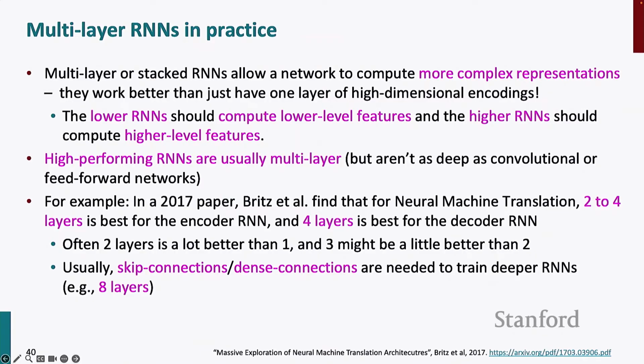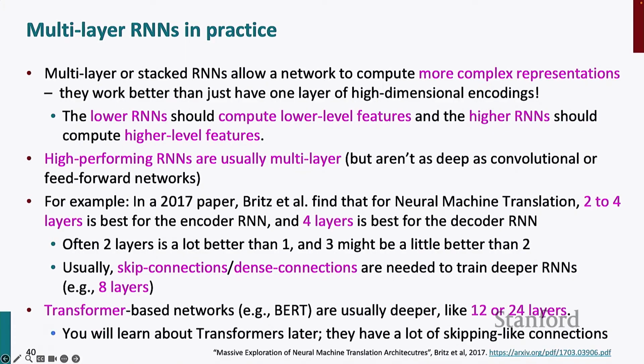So, you always got a lot of gains by having 2 layers rather than 1, but commonly it started to be more iffy whether you got extra value from 3 or 4 layers. So commonly people were running 2 or 3 layer LSTMs, and that's what people were using. But that's completely changed around in the world of transformers, where nowadays people are building very deep transformer networks for doing language understanding.